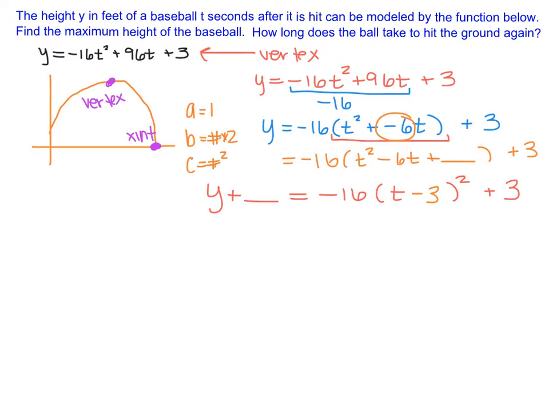The number I'm adding in there is my number squared. Well, that's negative 3 squared, and I know negative 3 squared is 9. So I'm adding 9 inside of that parenthesis so that I can ultimately write t minus 3 quantity squared. So I have that perfect square trinomial that I can turn into t minus 3 in parentheses squared.